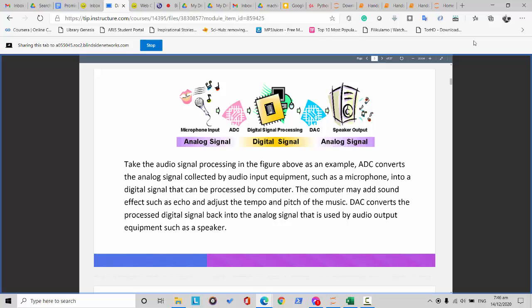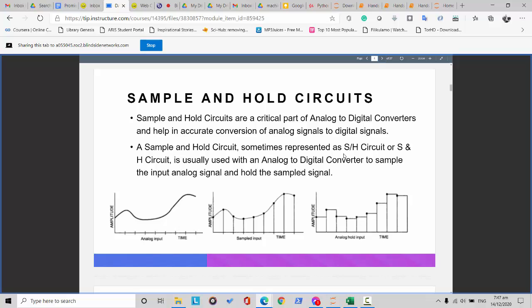So the computer does that, okay? And digital to analog converters convert the processed digital signal back. As I have said, when it is converted into a digital signal, it is converted back to analog signal for the output. So that's a typical scenario where both the analog to digital converter and digital to analog converters are frequently used.